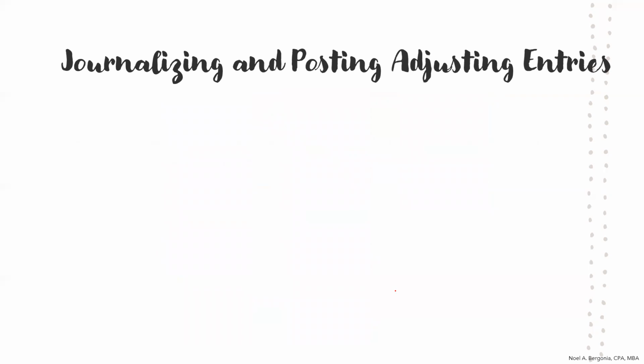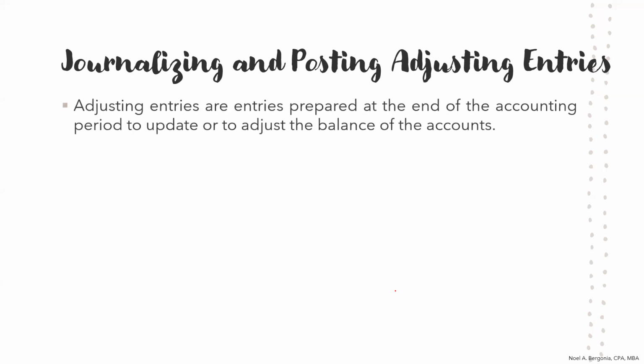If you remember, adjusting entries are those entries prepared at the end of the accounting period, which are used to update or adjust the balances of our accounts. We have discussed various adjusting entries such as accrued expenses, accrued revenues, depreciation, prepaid expenses, unearned income, and the allowance for bad debts or doubtful accounts.